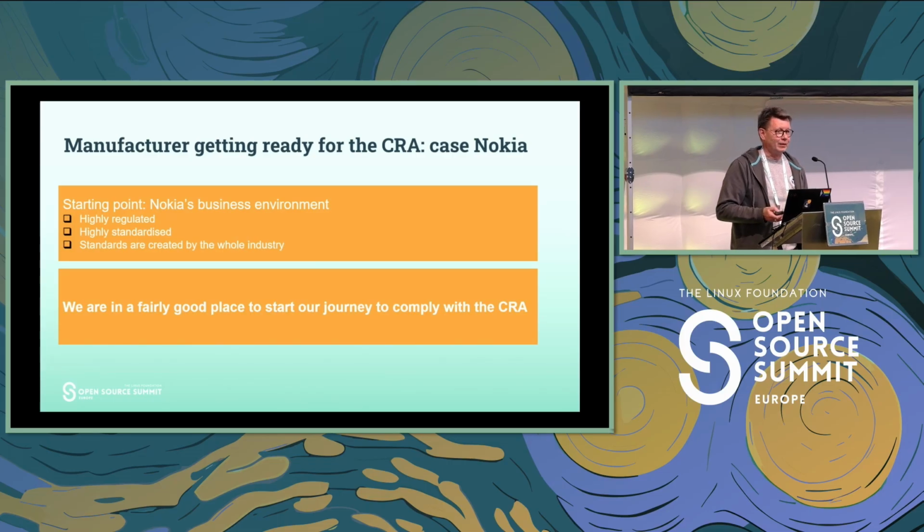Of course, there are other industries which are equally highly regulated, but the telecom industry has had regulation always. It's highly standardized. Everything is pretty much based on standards, and those standards are there to guarantee interoperability between different vendors' products. So we've been accustomed to working with our frenemies and customers toward the common goal in standardization. So I would say that from that perspective, we are in a fairly good position to get up to speed.